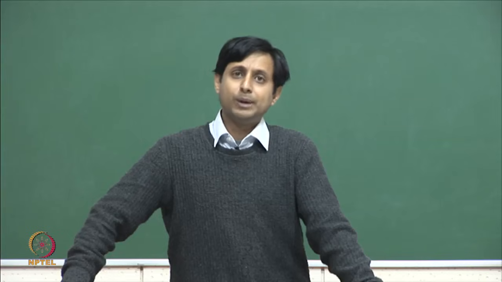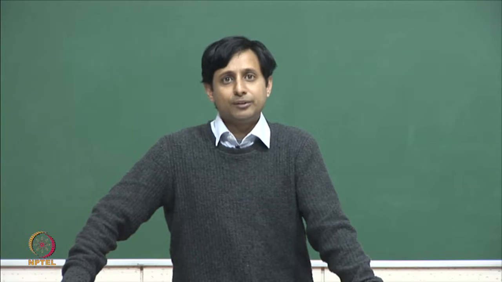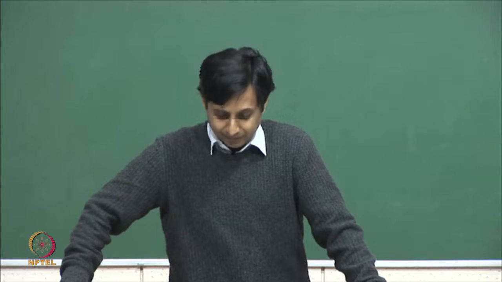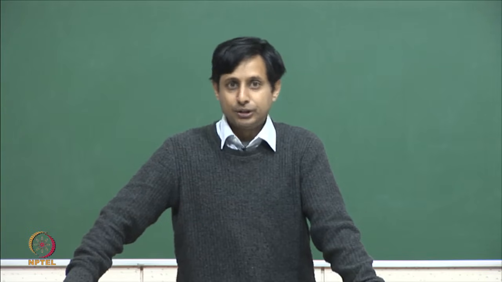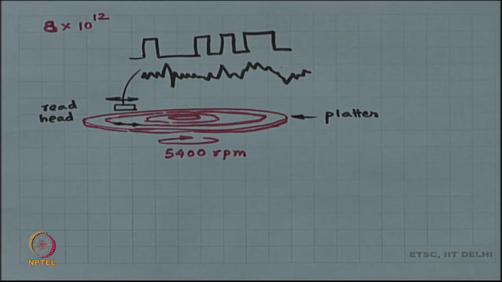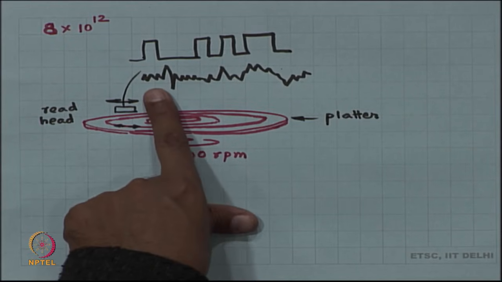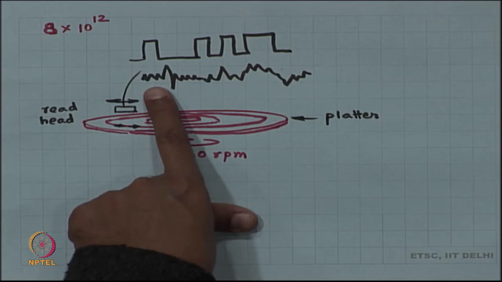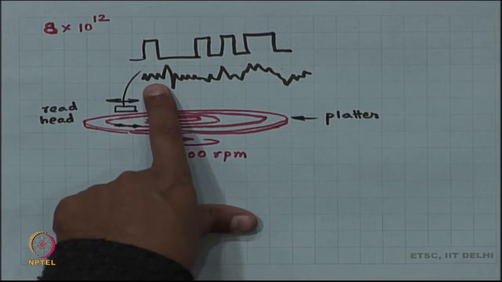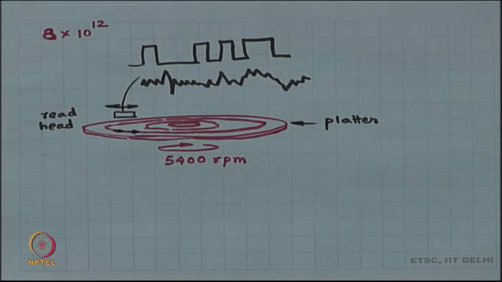You have to do a large amount of analog signal processing with this voltage to finally obtain the digital signal, but what you get is this. You have to do an incredibly large amount of analog signal processing to arrive at this from this.